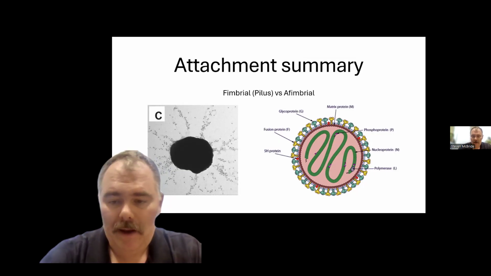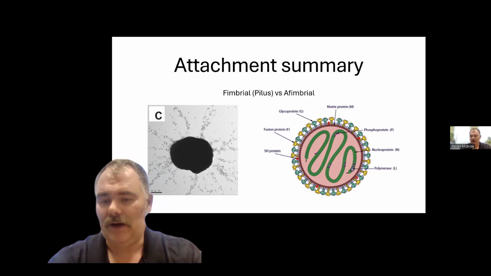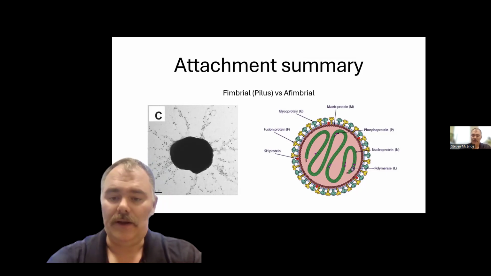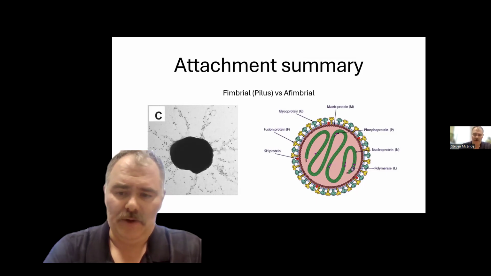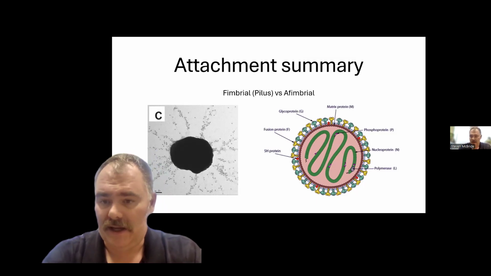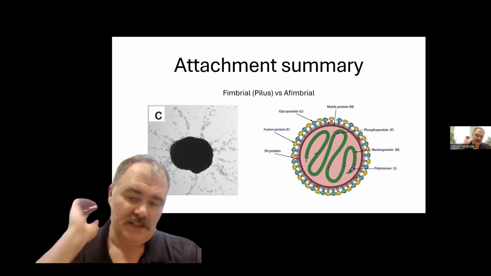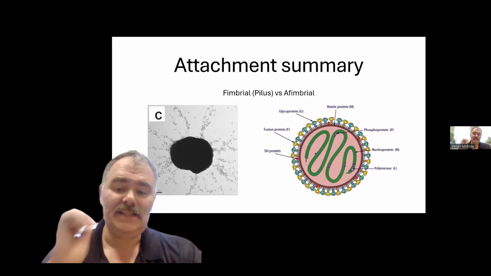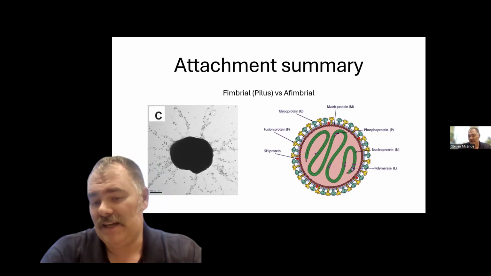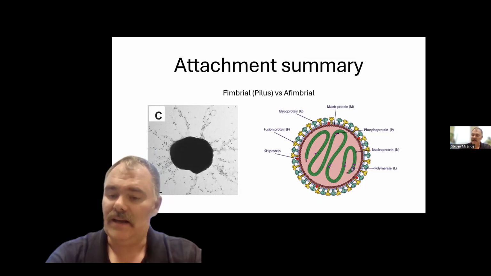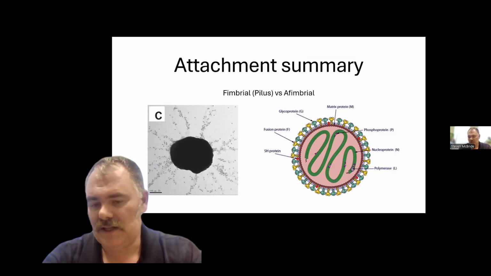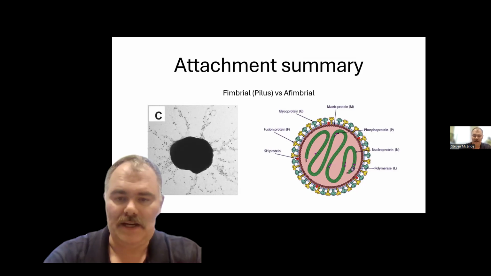In contrast, Strep pyogenes relies primarily on afimbrial adhesins, including the M protein and F protein, which are surface proteins that bind directly to host molecules such as fibronectin. Despite these structural differences, the goal is the same, and that is to remain attached to host tissues and resist removal by host defenses. Different pathogens have evolved different solutions to the same challenge of establishing colonization.